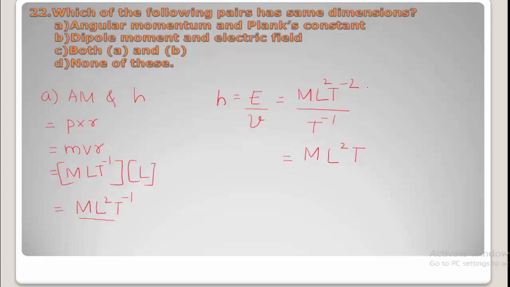If we take it to the numerator, minus 2 plus 1, that is minus 1. So Planck's constant has a dimensional formula of M L squared T raised to minus 1, and angular momentum also has a dimensional formula of M L squared T raised to minus 1. So the correct answer is that angular momentum and Planck's constant have the same dimensions.